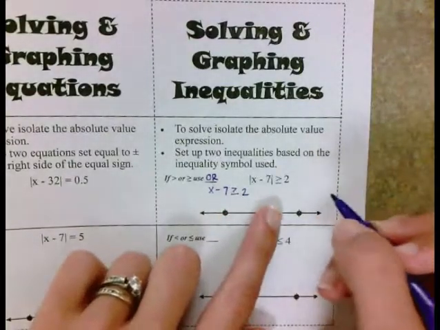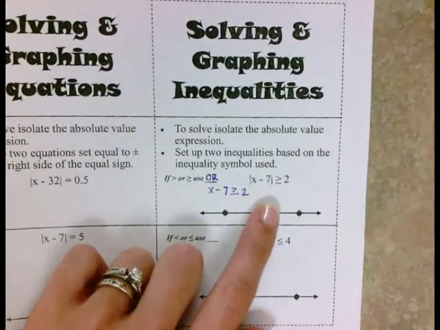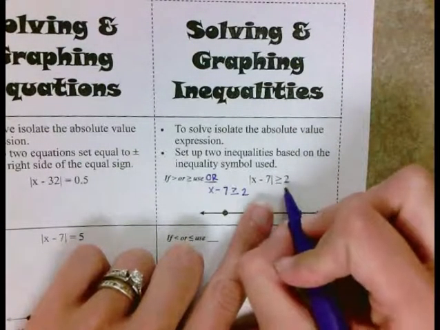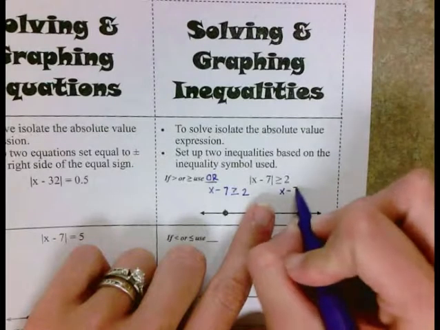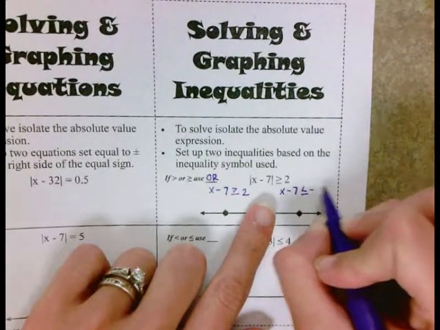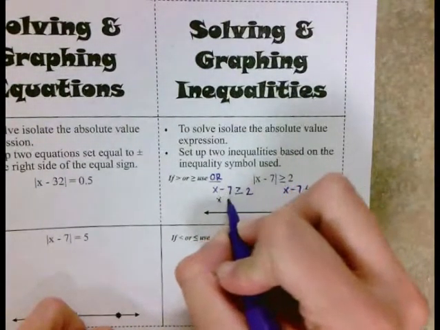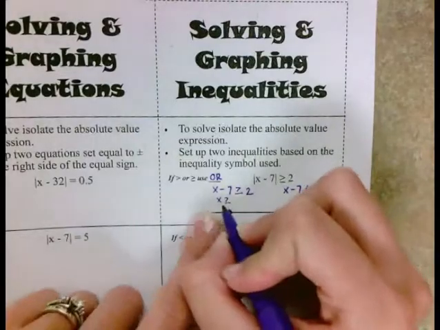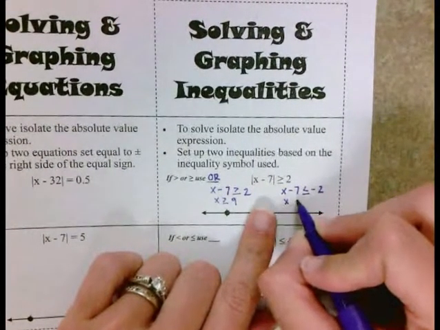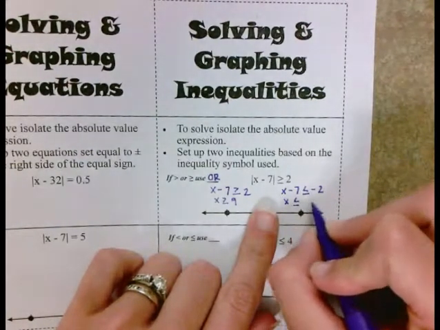And then based on this inequality, because it's an absolute value, you're going to switch the inequality sign around. So you're going to say x minus 7 is less than or equal to negative 2. Okay, so then you'll just solve like normal. X is greater than or equal to 9, and then x is less than or equal to 5.